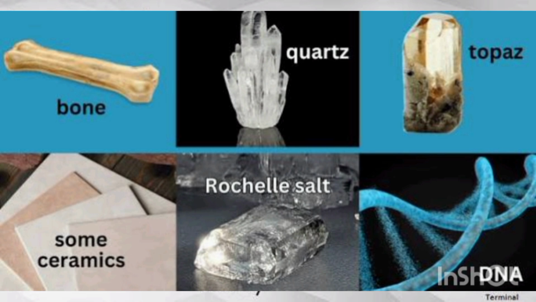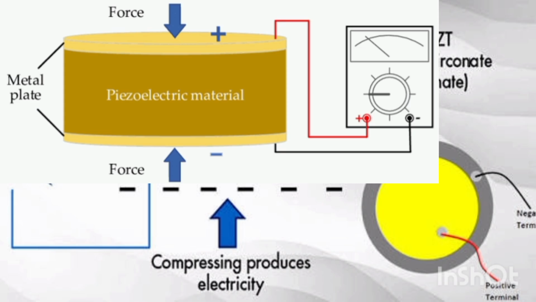How it works. Let's start with the direct piezoelectric effect. For the direct piezoelectric effect, when mechanical stress is applied, like pressing, bending, and tapping, an electric charge is produced.